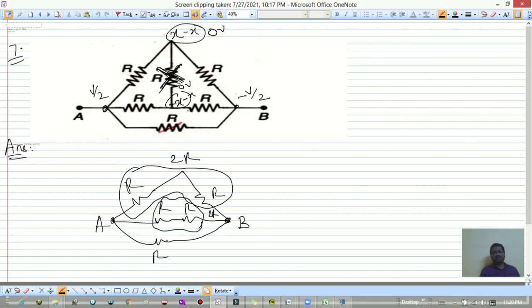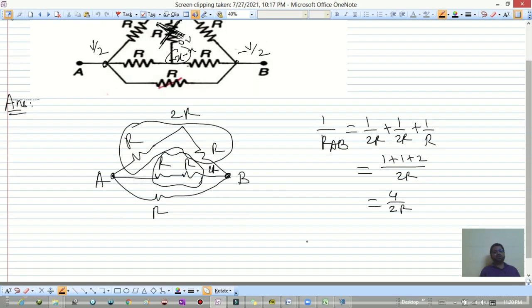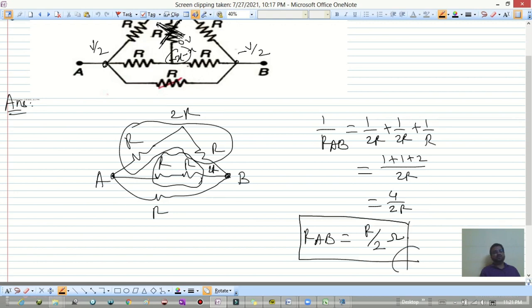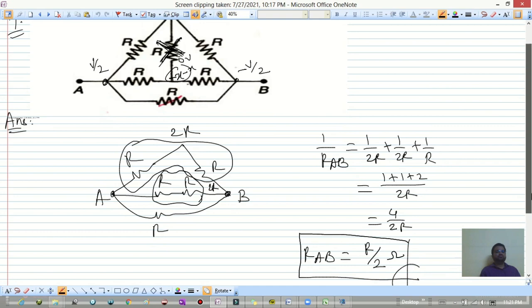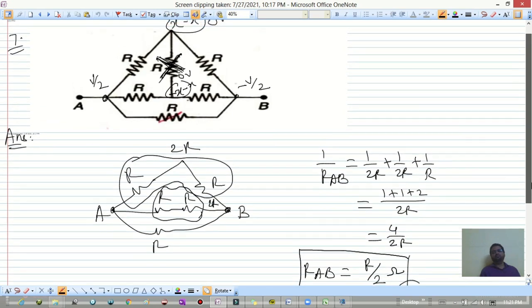Because they are in series, and this is R. Indicates 1 by RAB is equal to 1 by 2R plus 1 by 2R plus 1 by R, that is 1 plus 1 plus 2 divided by 2R, which is 4 divided by 2R. What is RAB then? RAB we have is R divided by 2 ohm. I hope this is clear now.